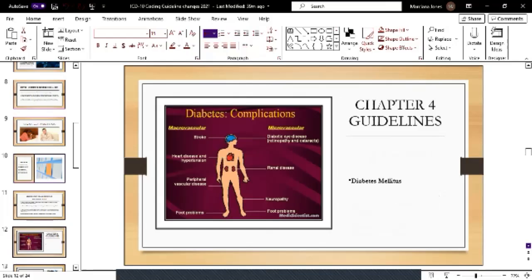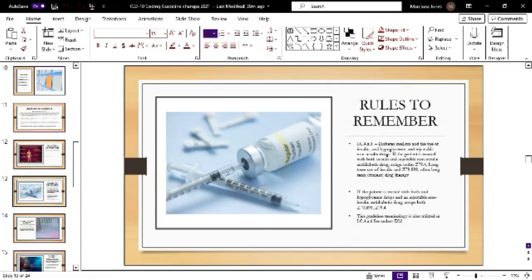Okay, Chapter 4, diabetes. So rules to remember. Again, this is important. Write it down, screenshot, get the study guide, keep it in your notebook, keep it in your email to refer to for the new year. So diabetes and the use of insulin, oral hypoglycemic and injectable non-insulin drugs.